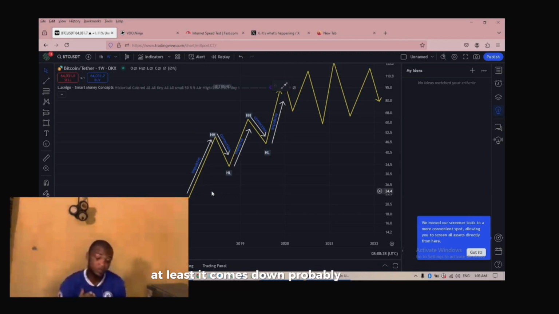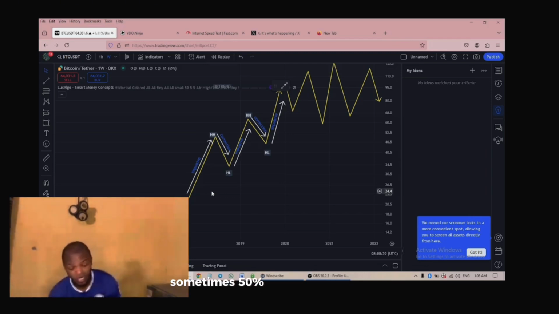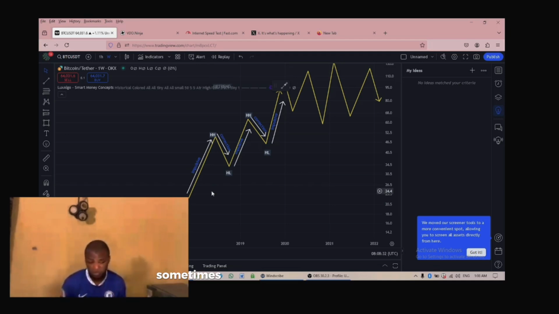At least it comes down probably 20%, sometimes 50%, sometimes even as low as 70% or 80%. It's just a correction move, you understand? And from there it will make another parabolic move.